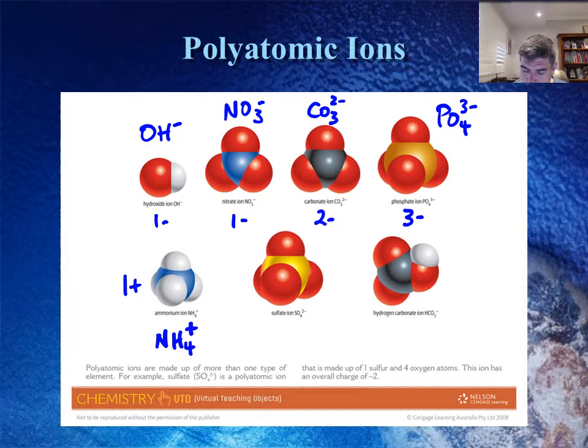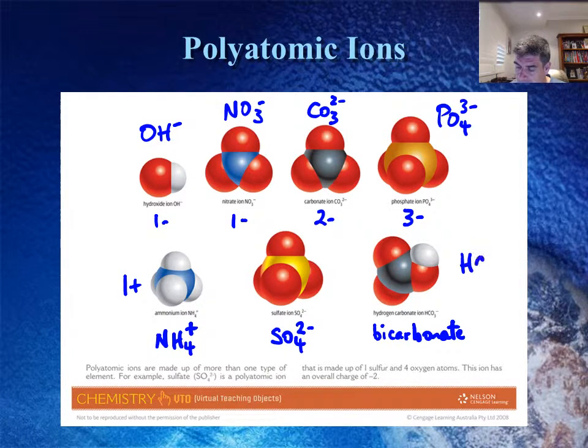It's a 1+ ion, so it's a cation. The sulfate ion we talked about in the previous slide, SO4 2-, and then hydrogen carbonate. This is sometimes also known as the bicarbonate ion, for reasons that we don't need to worry about at the moment, but are to do with the presence of the hydrogen there.